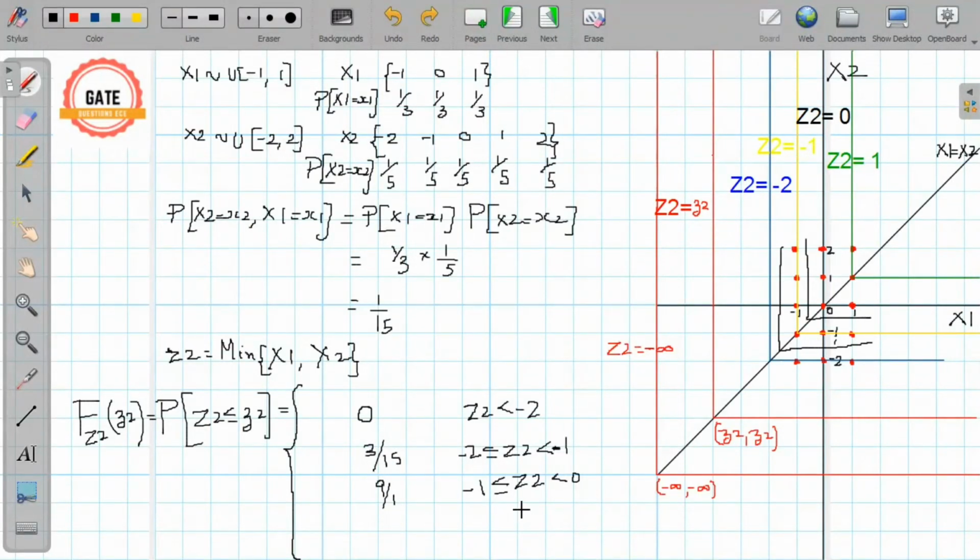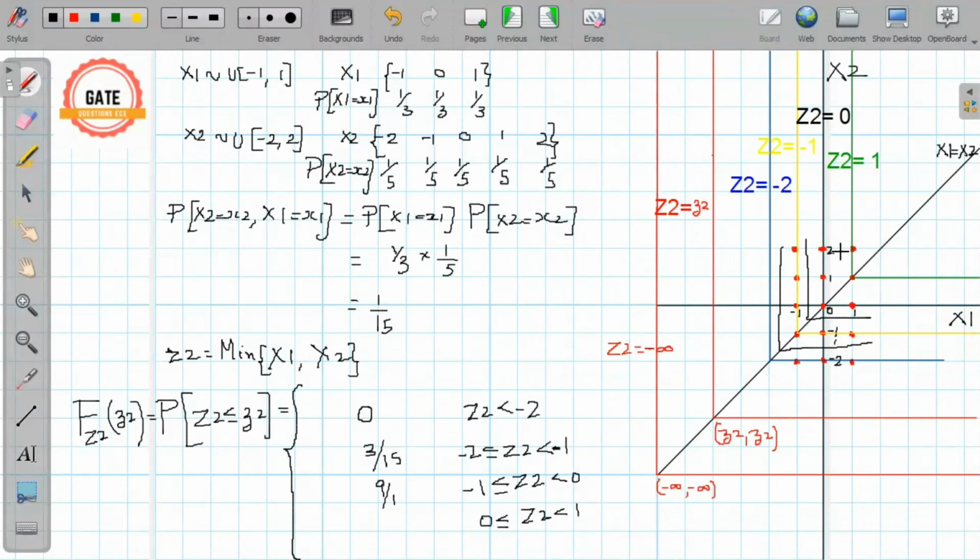Similarly, we can consider the case of boundaries which lie in this region. The boundaries lying in this region are the boundaries which include this Z2 is equal to 0 boundary, as well as boundaries lying to the right of this Z2 is equal to 0 line, but to the left of this Z2 is equal to 1 line.